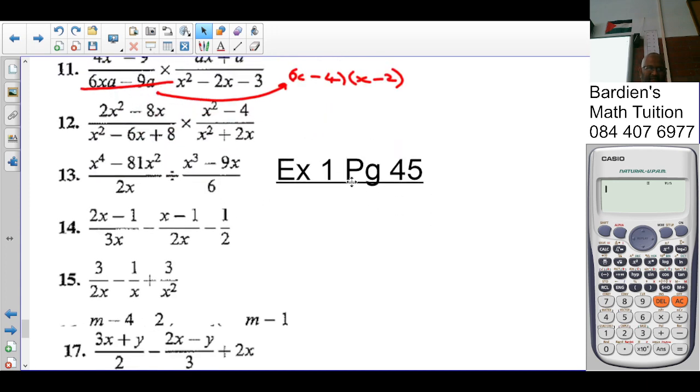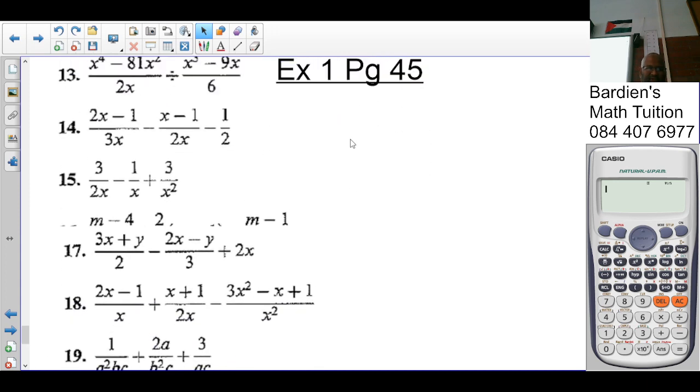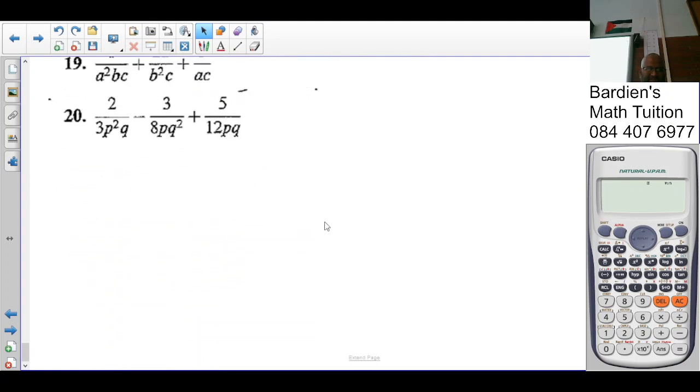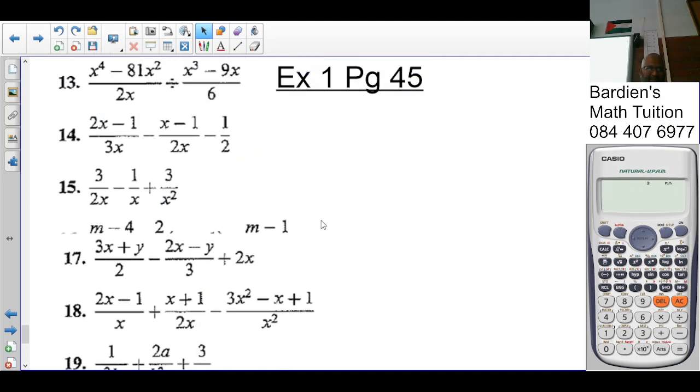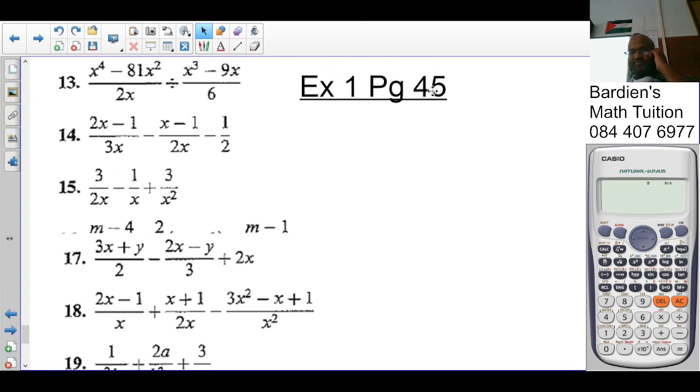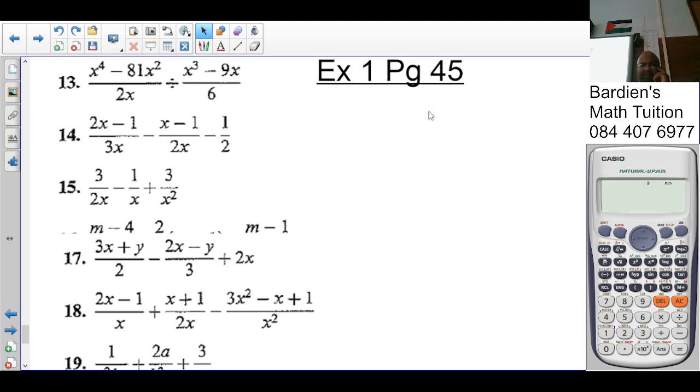So number 14. Is that correct? Right, number 14. People, what's your LCM here? 6x. Okay, so that's 6x.